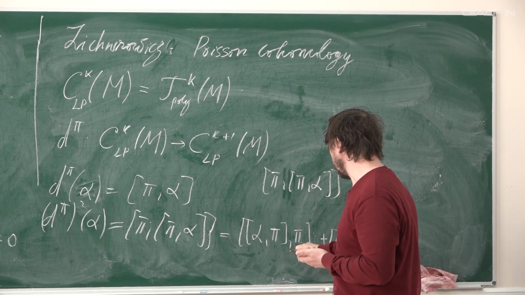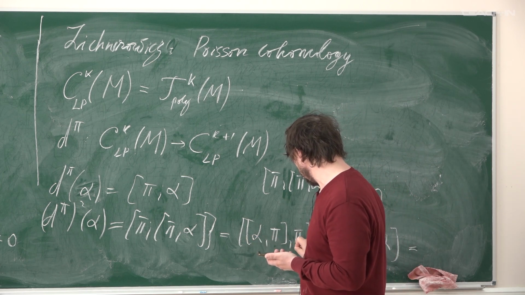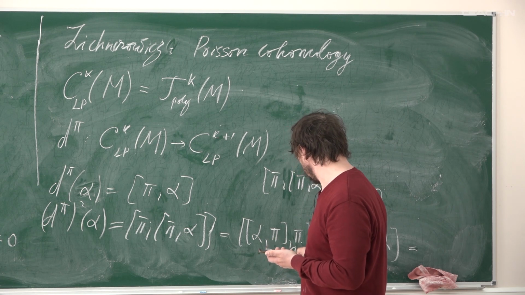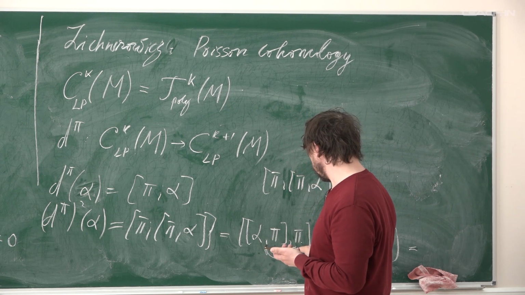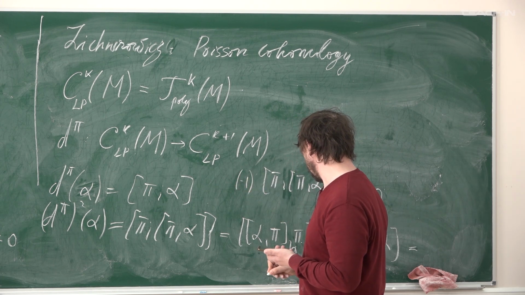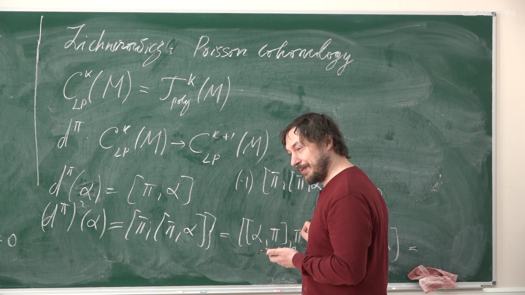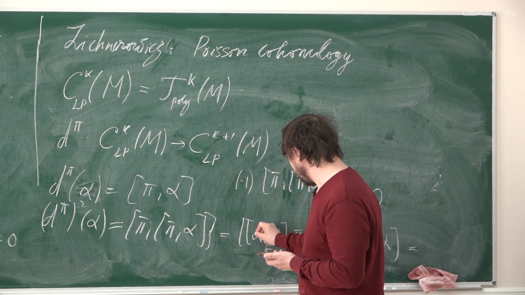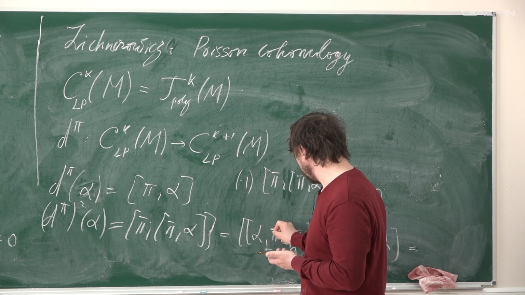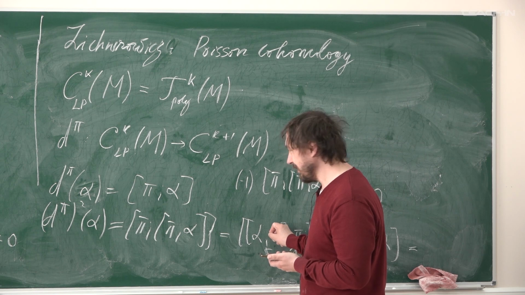However, the sign that we had will appear from first change in the order here, right? So the sign we get will be minus 1 to the power 2 minus 1, that's 1, times k plus 2 minus 1, right?